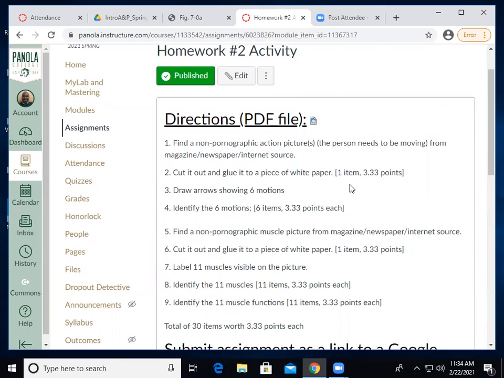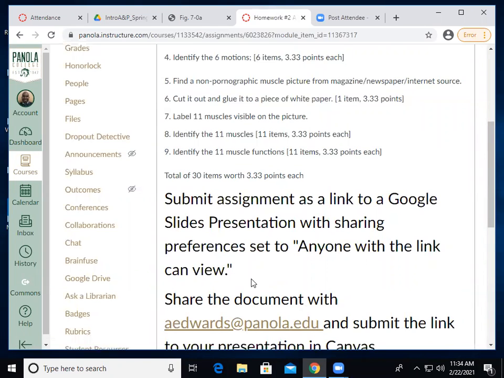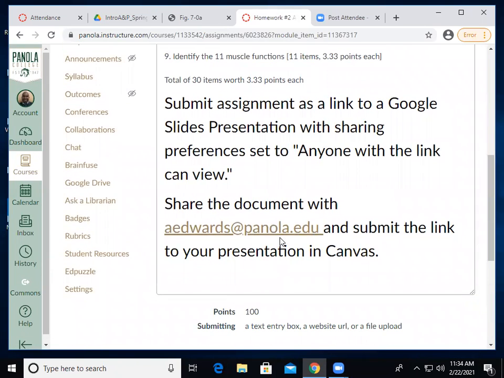So you do those things, you get 100, right? So you got 6 motions, 11 muscles, names, and functions, right? And you got to locate where they are on the body. Okay. And you'll submit it again like a Google link from a Google Slides presentation. Make sure you set it to anyone with the link can view, or share it with me specifically, so that when you turn it in, I can actually look at it.